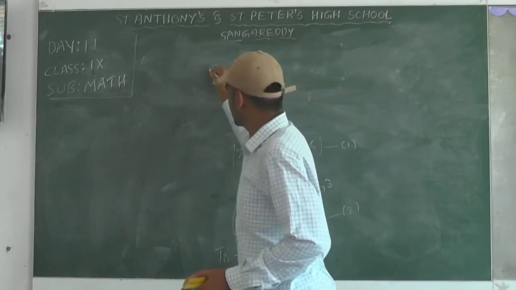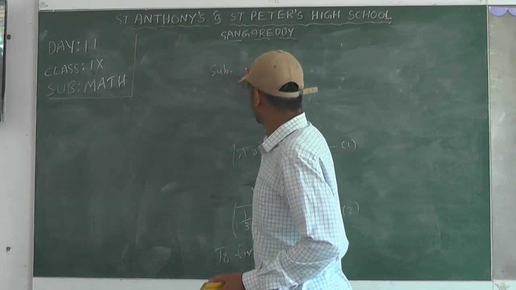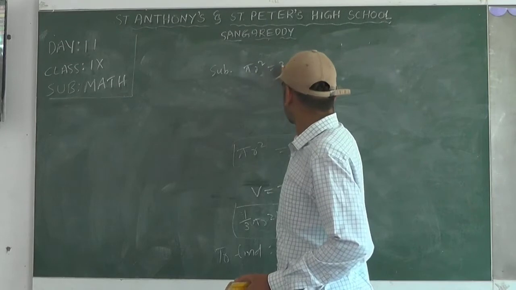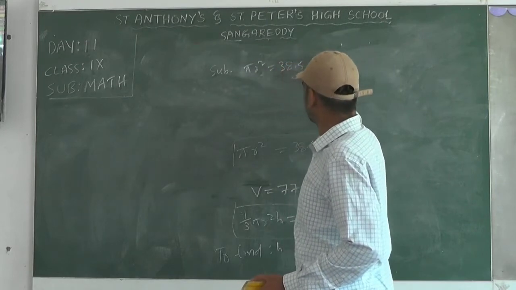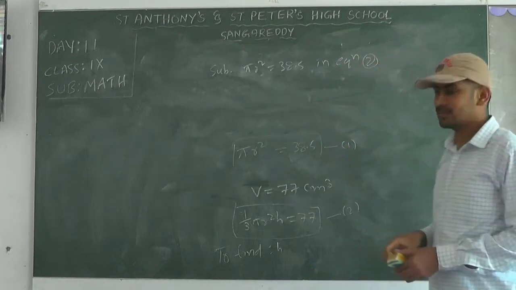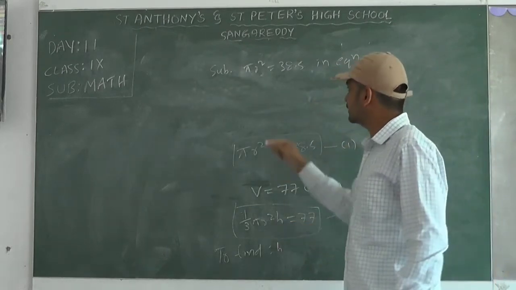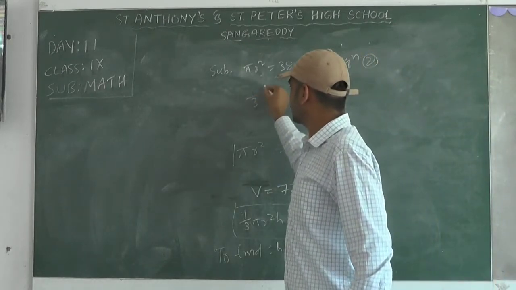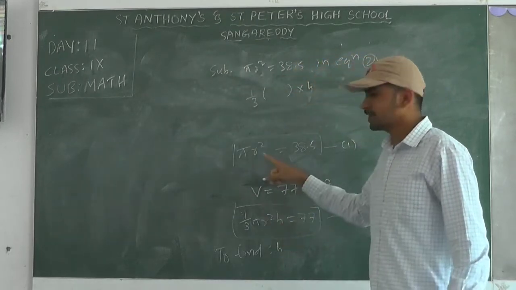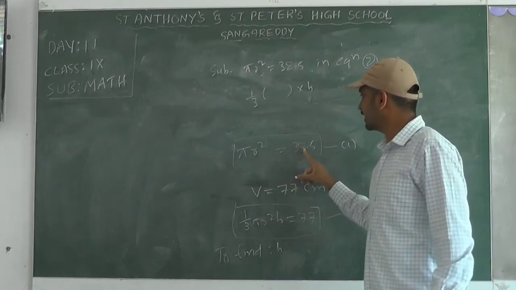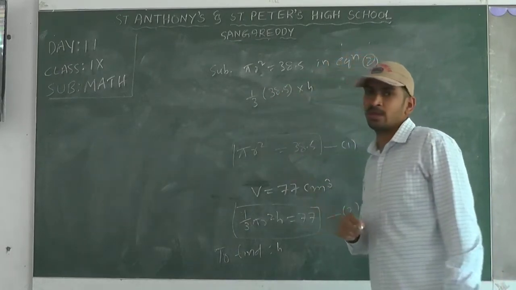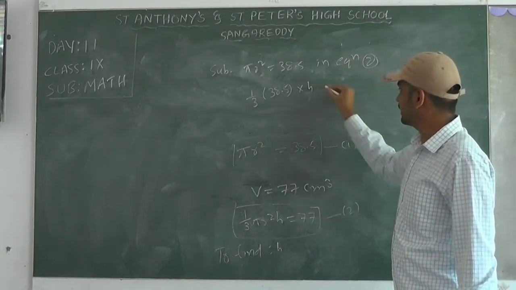Now substitute pi r square equals 38.5 in equation number 2. What is equation number 2? 1 by 3 pi r square into h equals 77. The value of pi r square from the base area is 38.5.